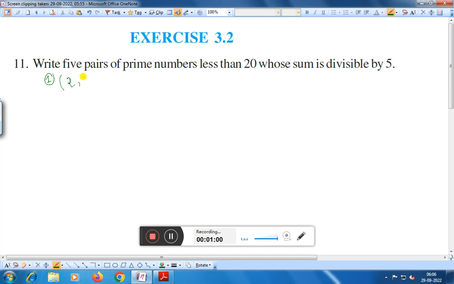We've taken one pair, this 2 and 3. 2 is also a prime number and 3 is also a prime number.